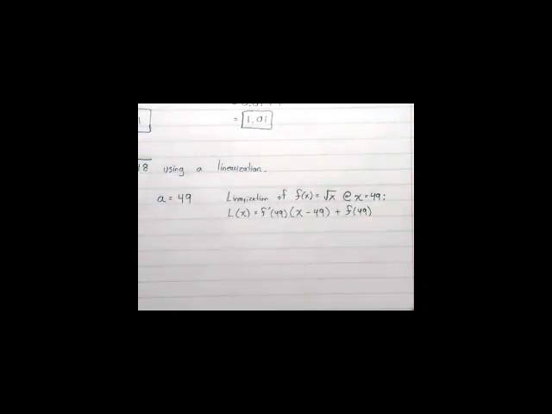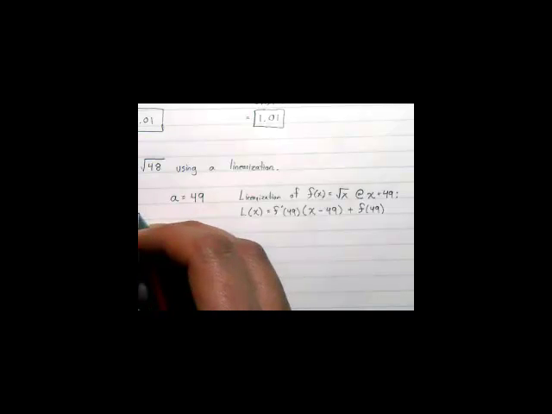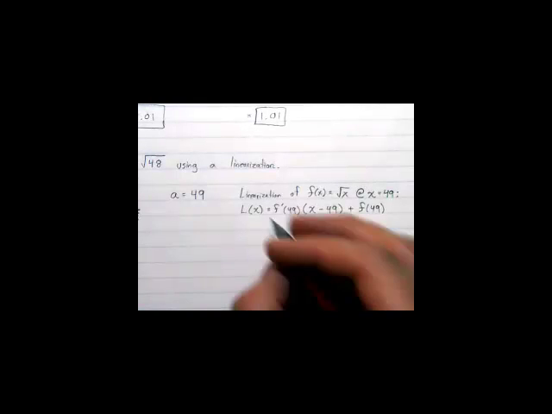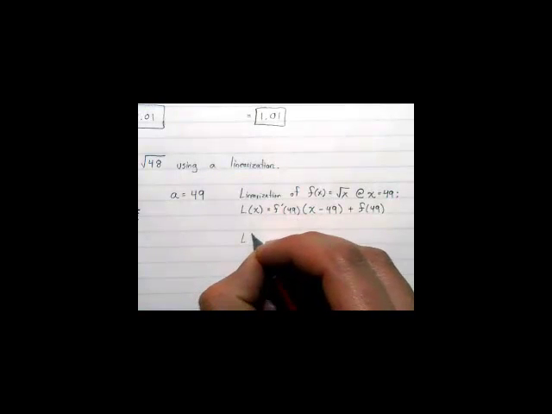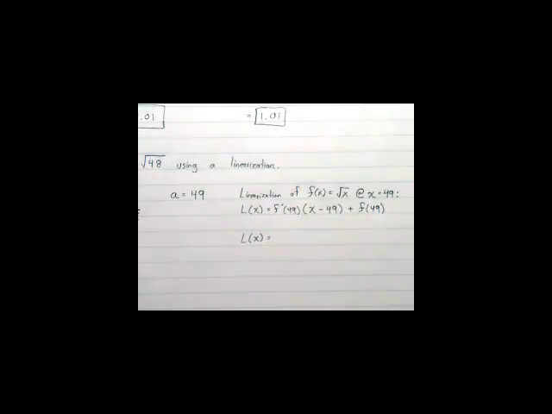All right, so derivative. One over 2 square root x. So for my linearization, what is f prime of 49? 1/14.